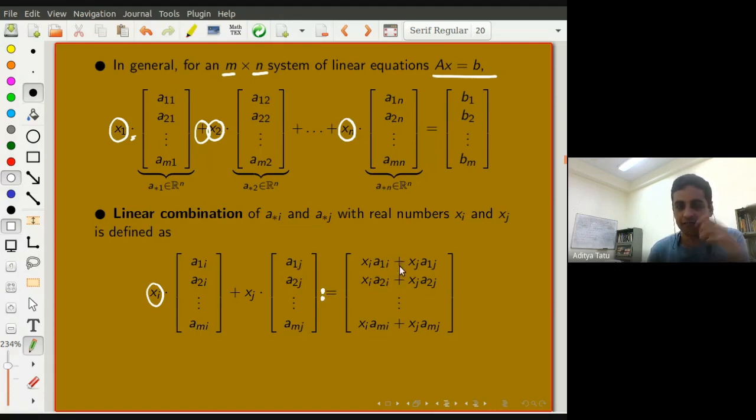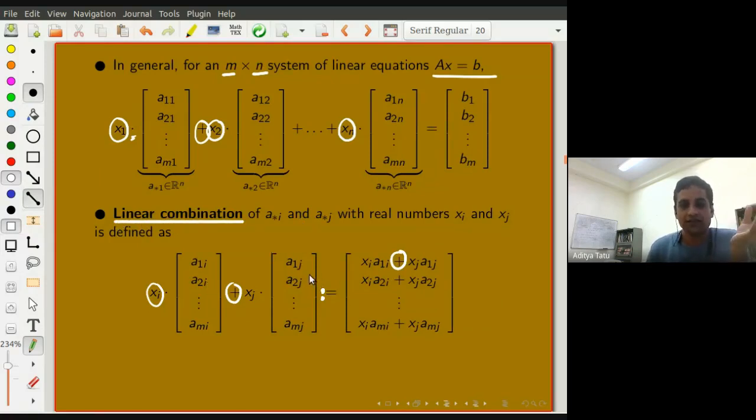Okay, and again, please note the plus on the right hand side is addition of real numbers. The plus on the left hand side is adding 2 columns. This particular operation is what is called linear combination of these 2 column vectors.